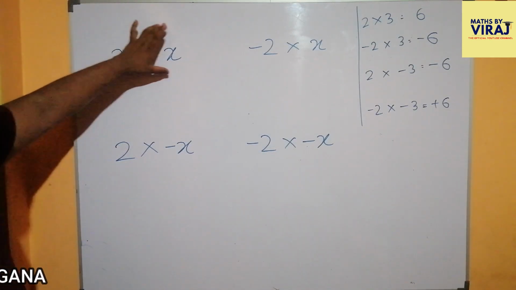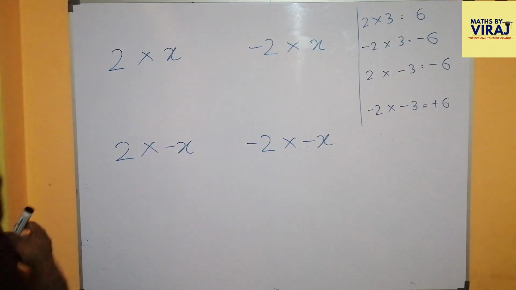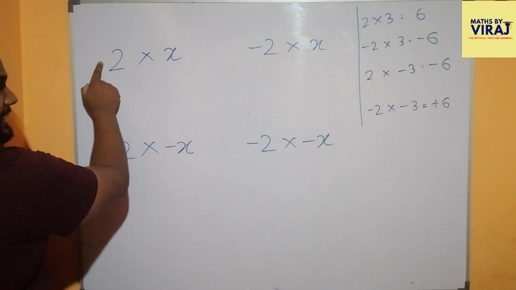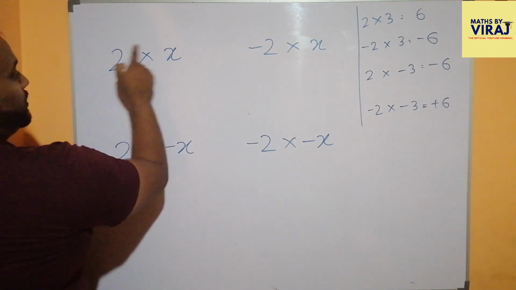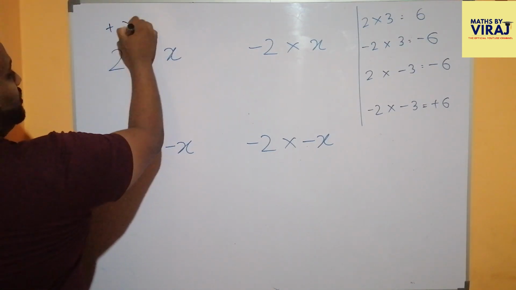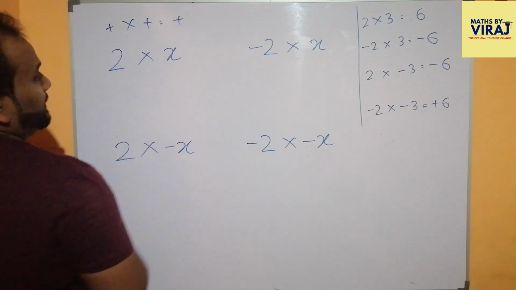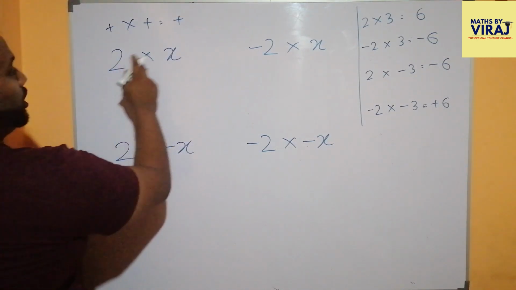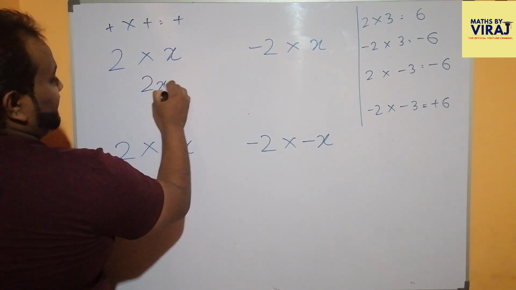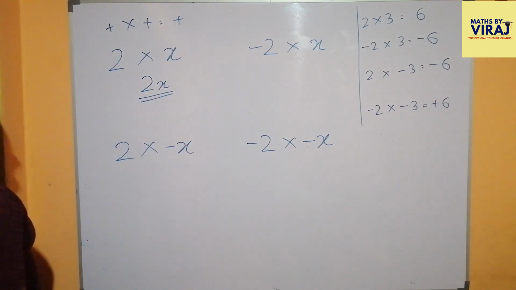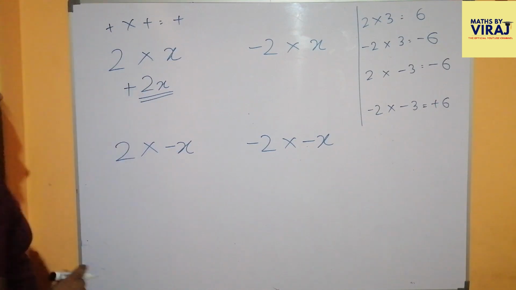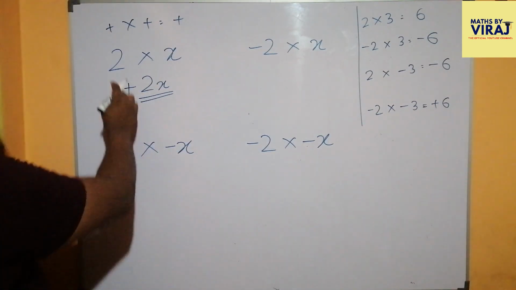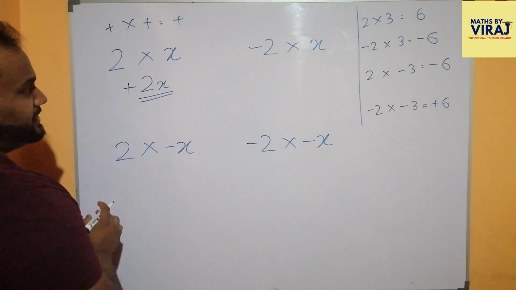A number and a variable are used. 2, the number is plus, x, the letter is plus, plus into plus. Plus into plus, the answer is plus. Therefore, 2 into x, the answer we get is plus 2x. You need not write plus 2x, even though you wrote a plus, it's okay. But 2 into x is 2x.